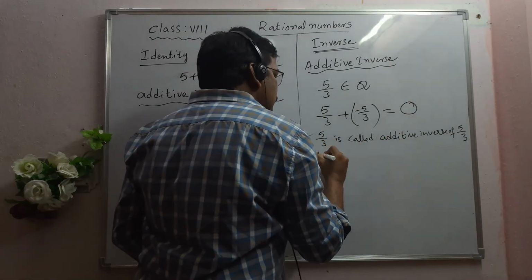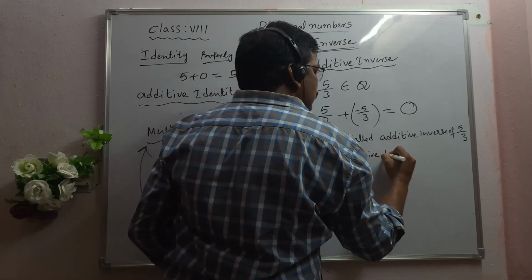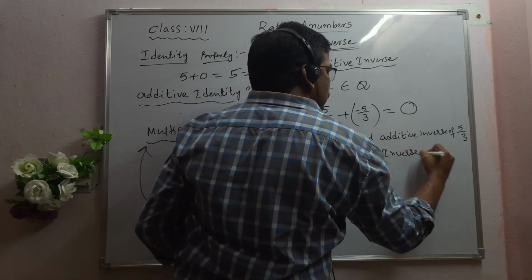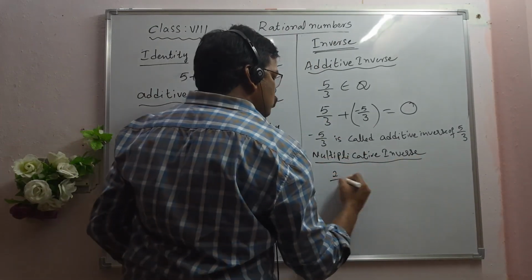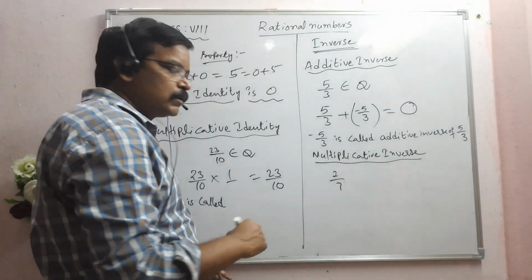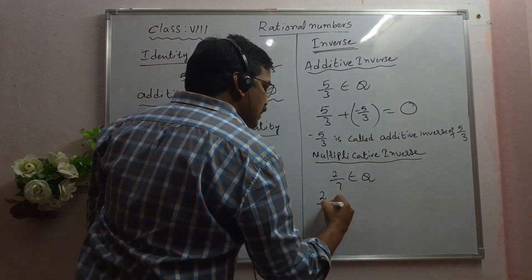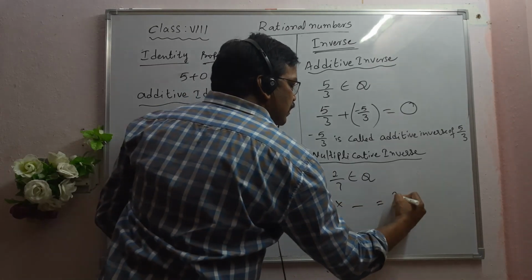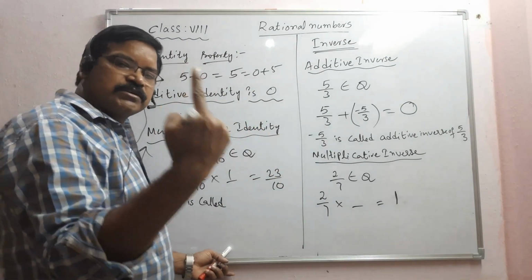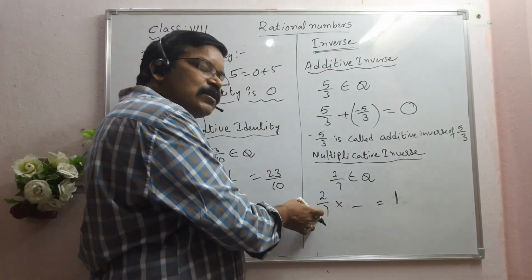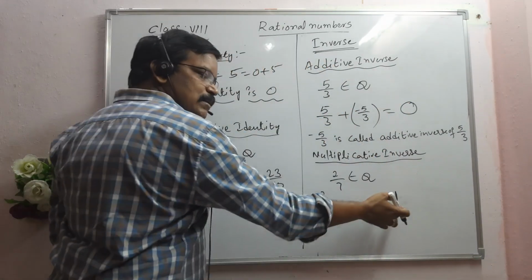So coming to the multiplicative inverse, take another number, 2 by 7, which belongs to Q. What should be multiplied to 2 by 7 to get the multiplicative identity?